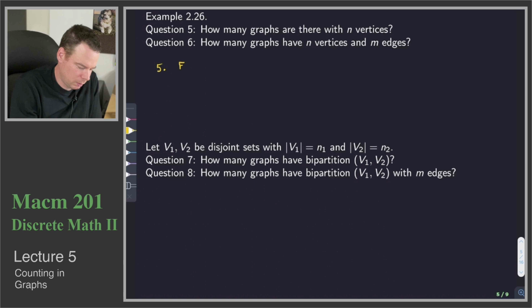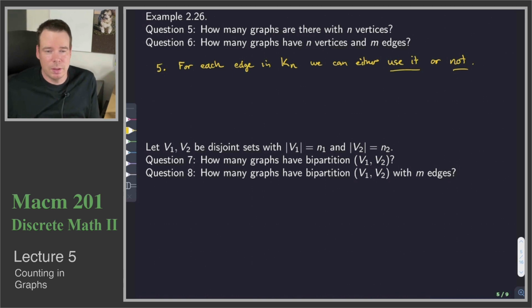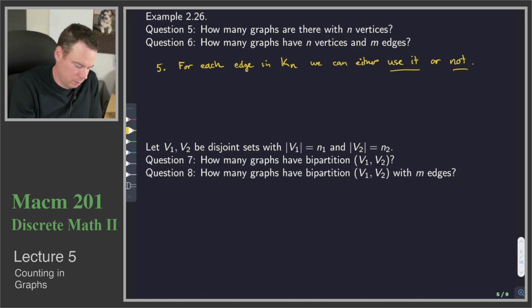Well, for each edge in Kn, we can either use it or not. I'm thinking of the complete graph Kn, and I can either use a given edge or not use a given edge to make my graph. So that means there are 2 choices.